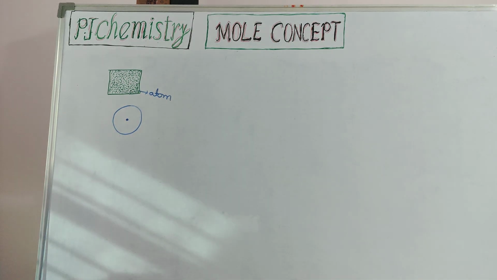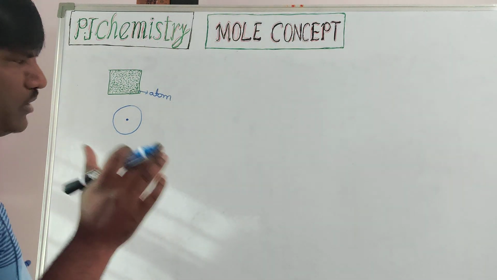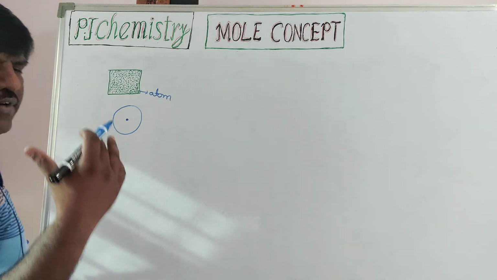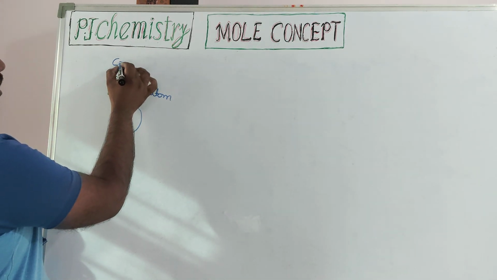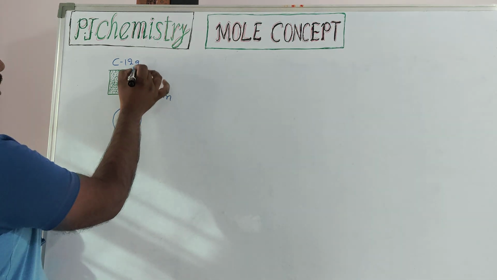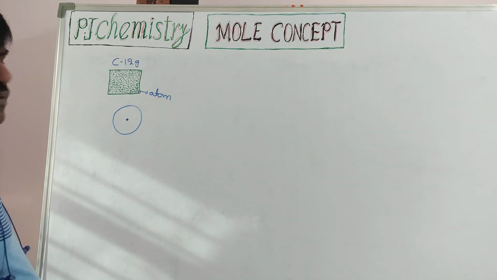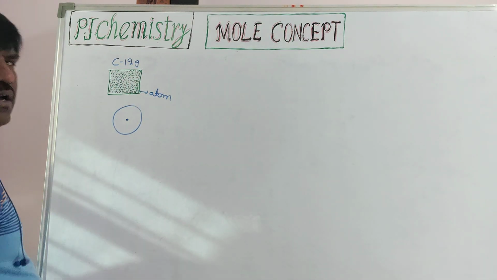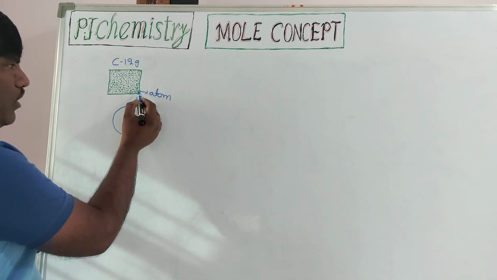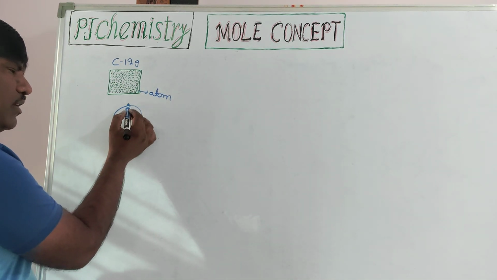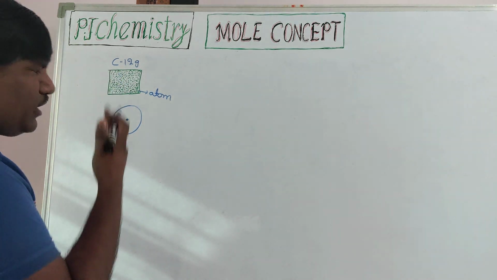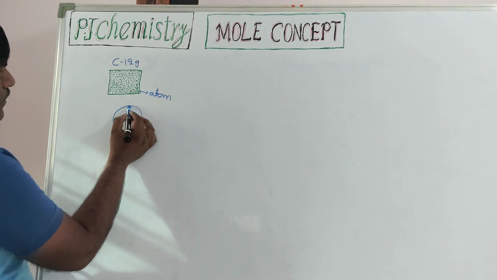It contains a nucleus. The nucleus contains protons and neutrons. Our reference element is carbon, so carbon 12. 12 grams of carbon is considered. Now, the one small atom we have taken, we cut into 12 parts.